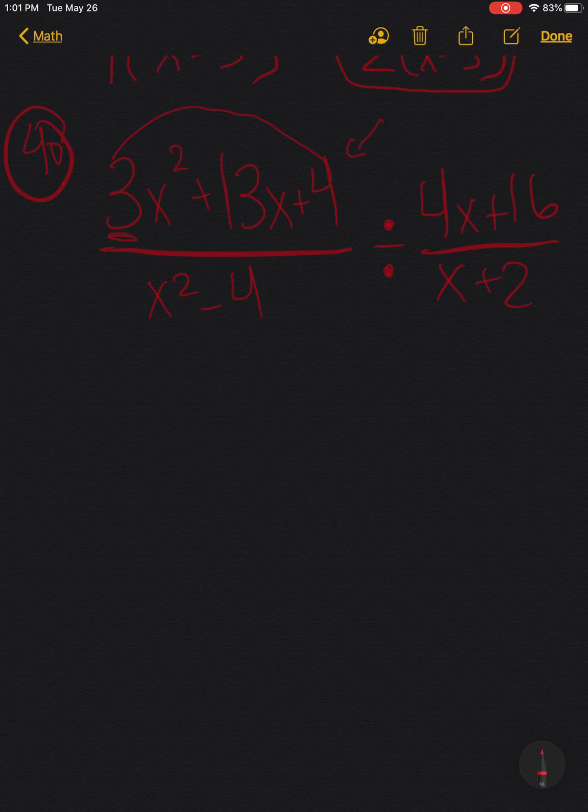You want to take this number, multiply it by the last, that's your product, and your sum is still the middle number. So you're looking for two numbers that multiply to be 12 and add to be 13. Pause the video, see if you can figure that out. And that would be 12 and 1, right? 12 times 1 is 12, sorry, and 12 plus 1 is 13.